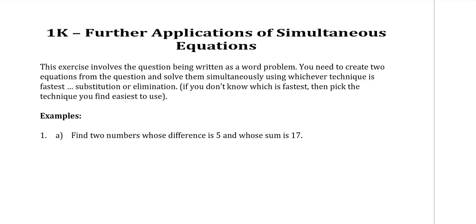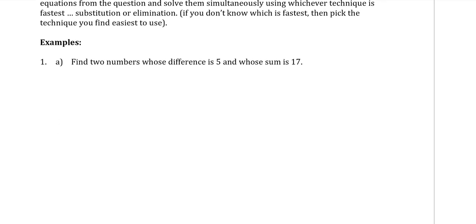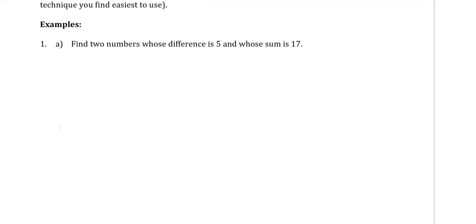Question 1a. Find two numbers whose difference is 5 and whose sum is 17. So the two numbers are going to have to be represented by letters in my equation. I'm going to let the numbers that I'm looking for be the letters X and Y. Difference means I want to subtract my two numbers.